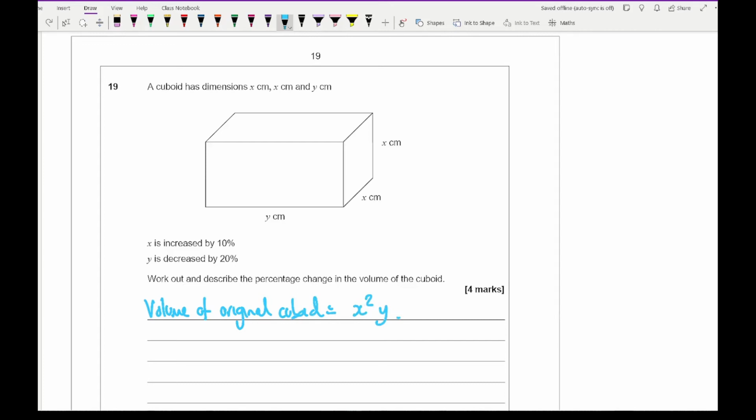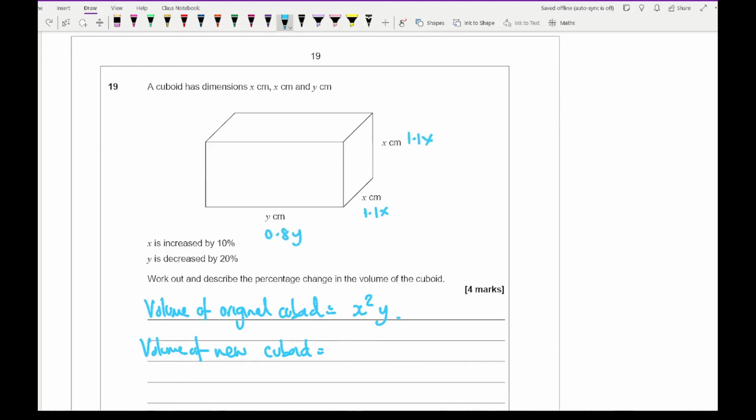Now for the volume of the new cuboid, well, if x is increased by 10%, then that's going to be 1.1x, and y, if decreased by 20%, is going to be 0.8y.